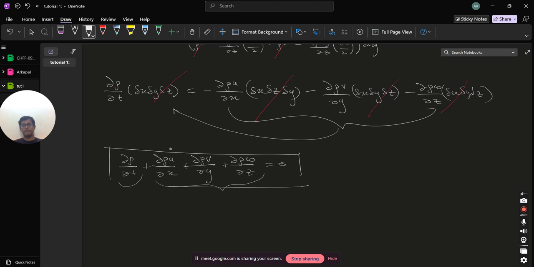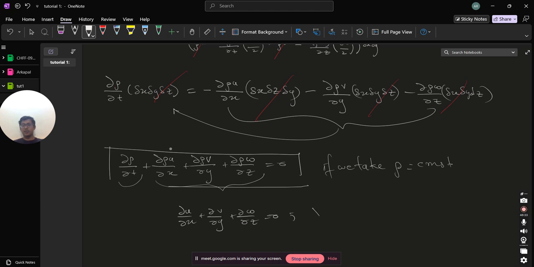And if we take rho as constant, we can just get rid of this first term, and we can bring out the rho from inside the derivative, and we can just get a simple del u by del x plus del v by del y plus del w by del z is equal to 0, right?